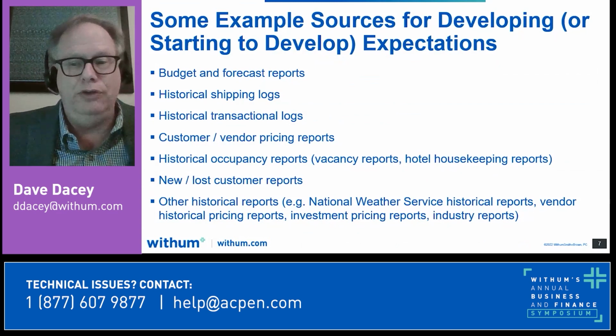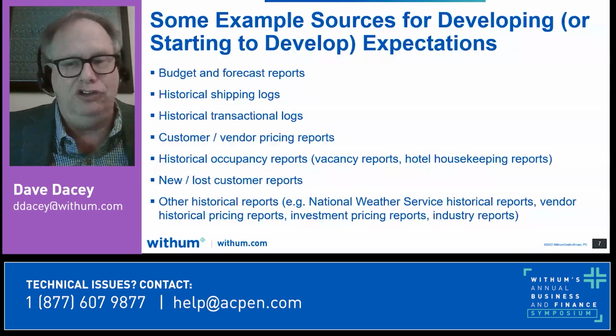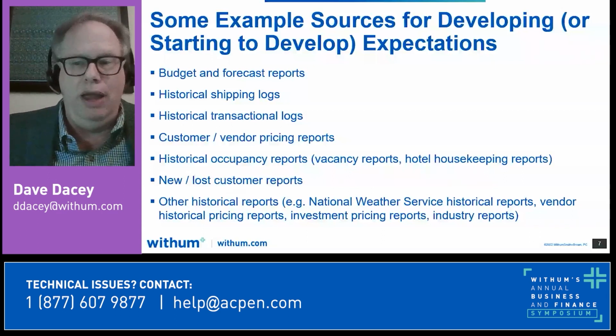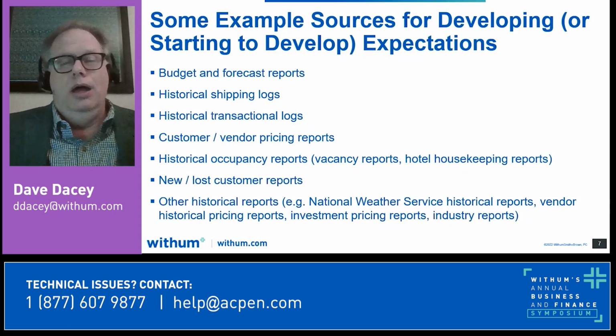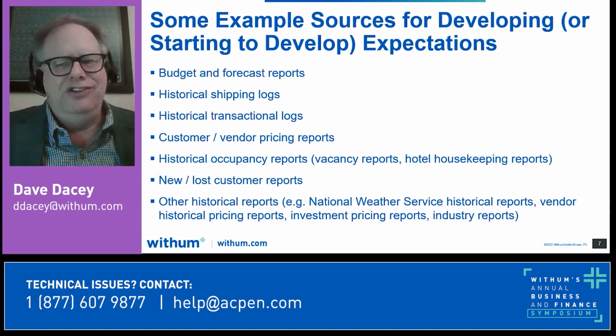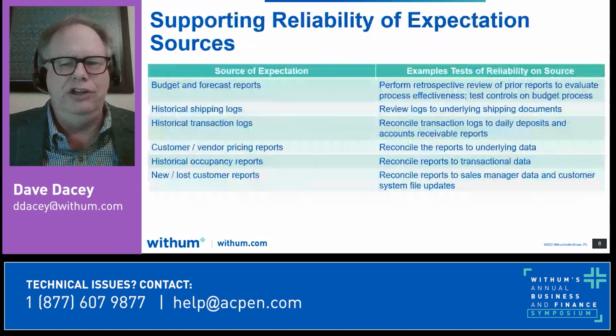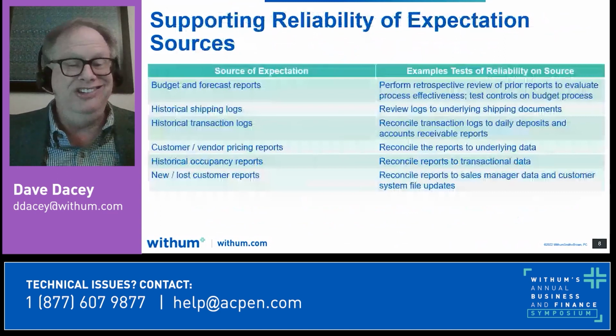So looking at the weather and understanding what the weather forecasts are for an upcoming period of time might lend itself to developing a pretty precise expectation as to what kind of revenue a golf course might derive. To effectively place reliance on data used for developing an expectation, it needs to be tested and evaluated for completeness and accuracy. Which brings us to the next slide.